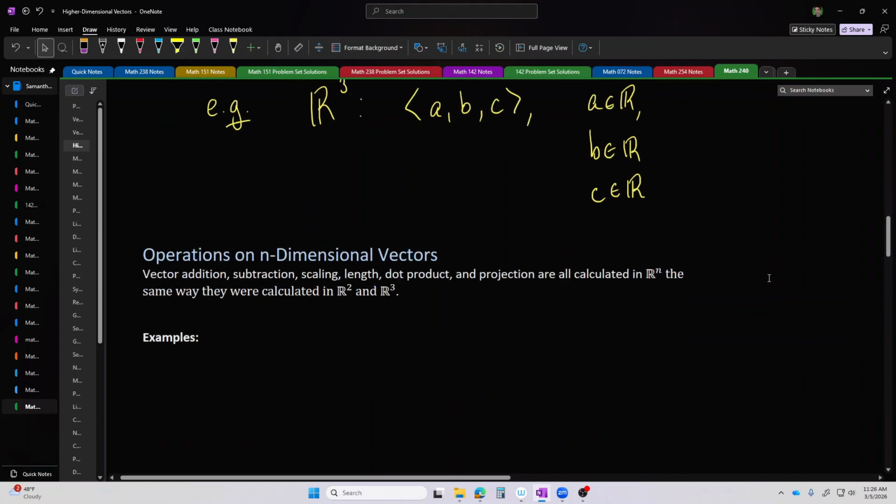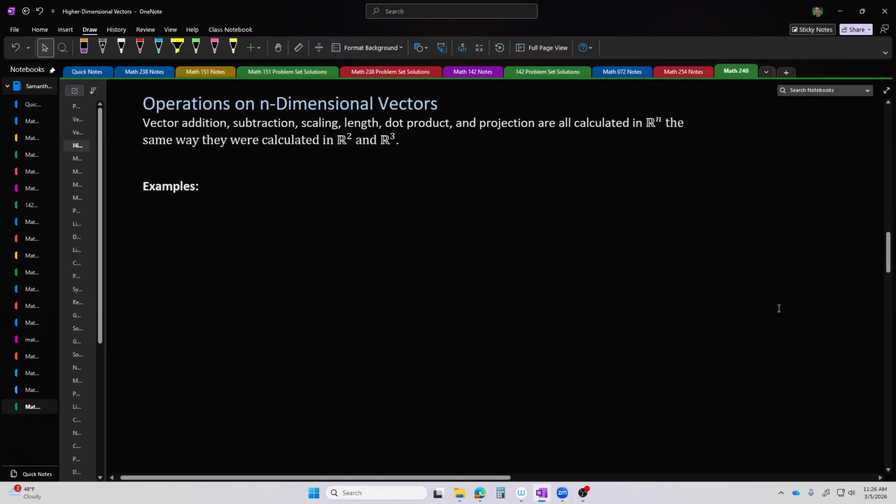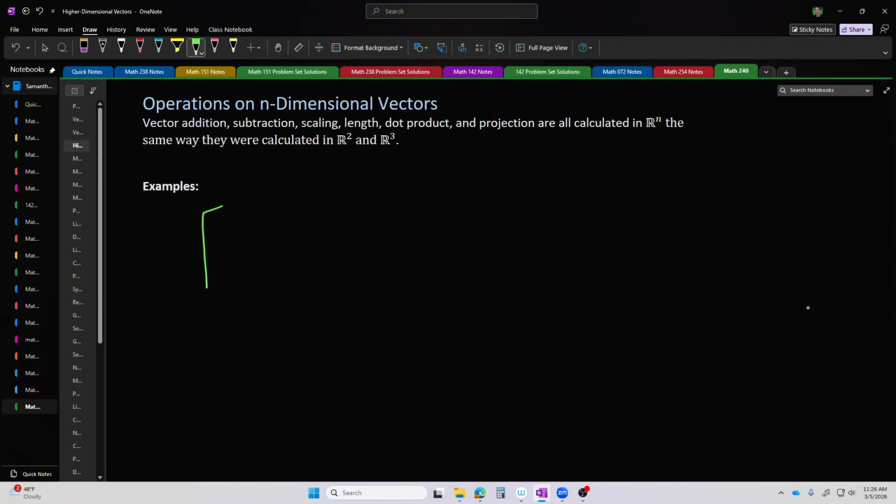Now let's talk about operations and arithmetic on vectors that have more than 3 entries. Fortunately for us, the formulas that we've learned to do calculations on vectors in 2 dimensions and 3 dimensions extend into higher dimensions in exactly the expected way. So for example, let's practice using column notation now.